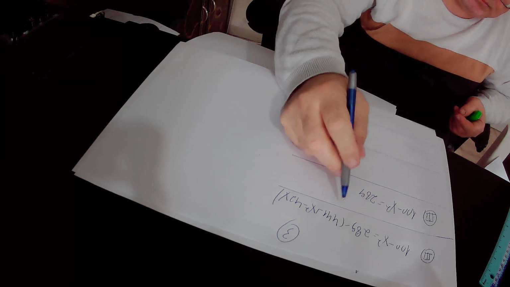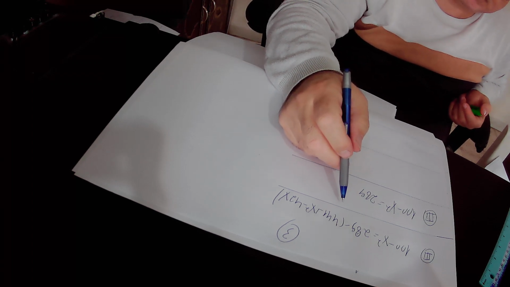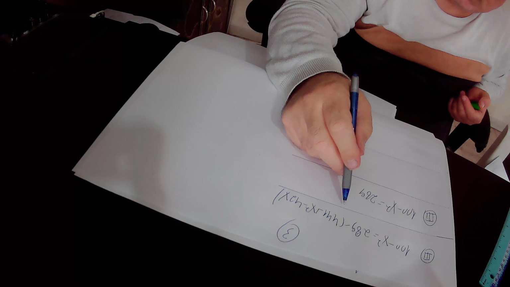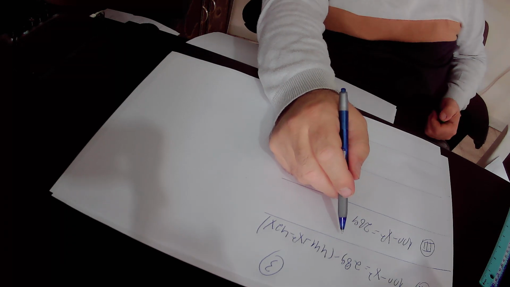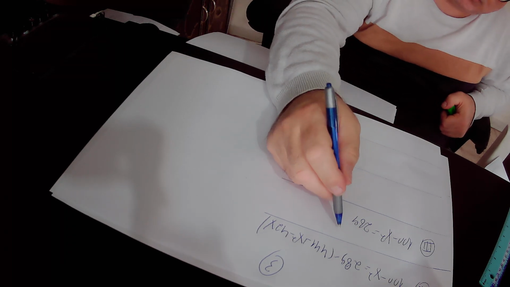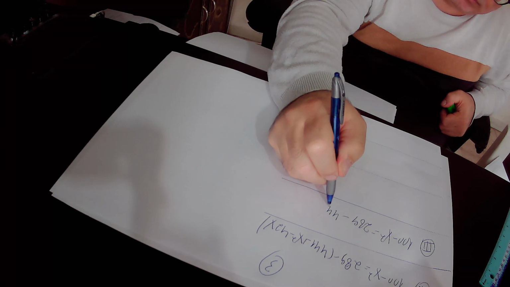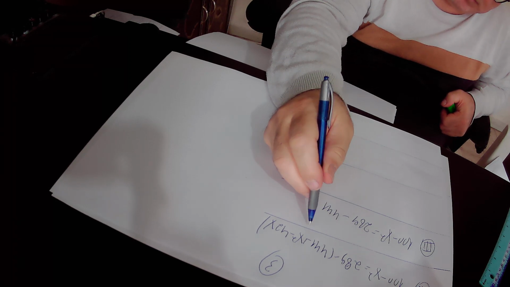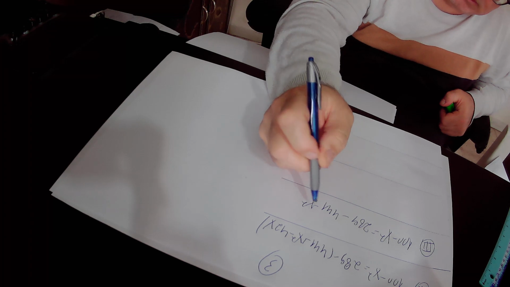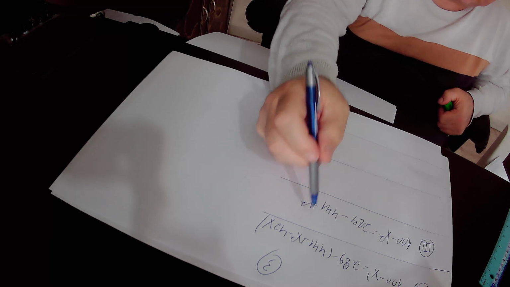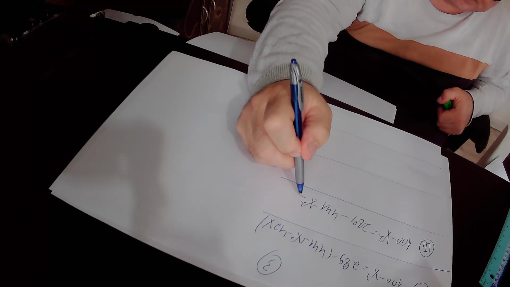We have a minus before the brackets, so after we open them, this equals 289 minus 441 minus x squared, and minus 42x becomes plus 42x, because minus times minus is plus.